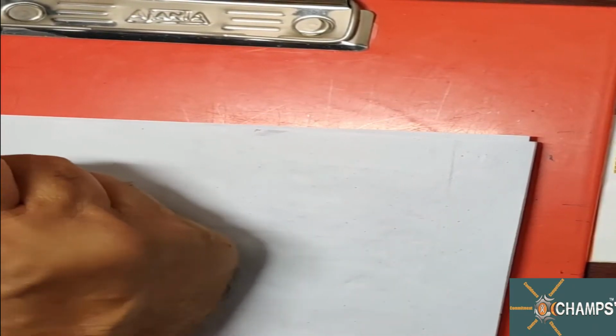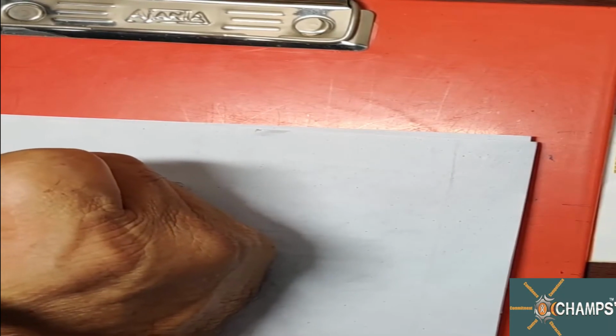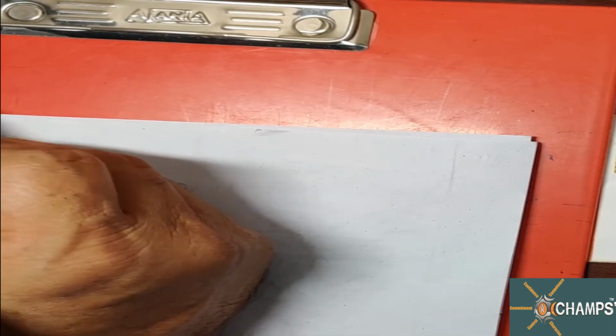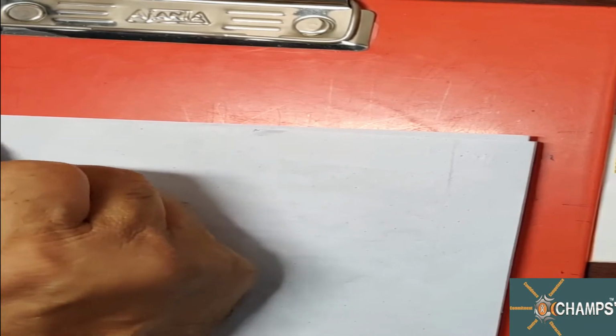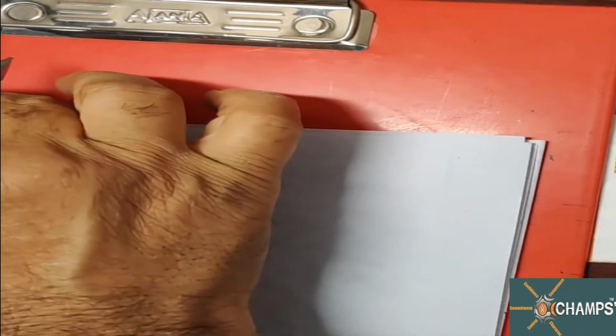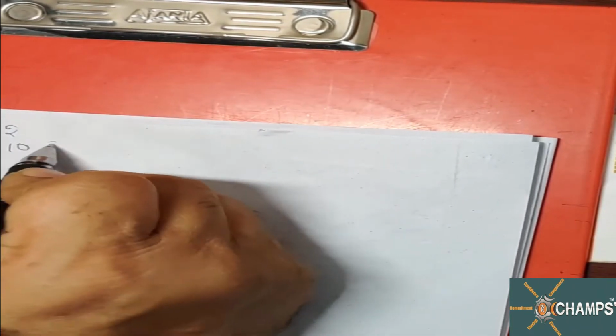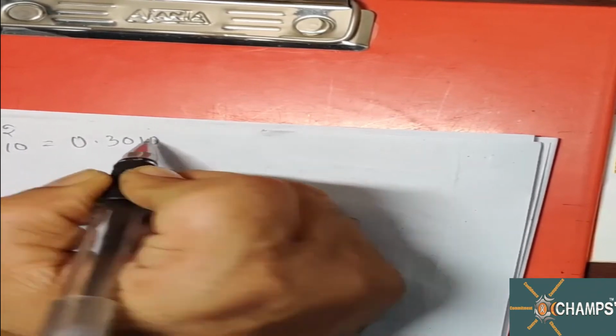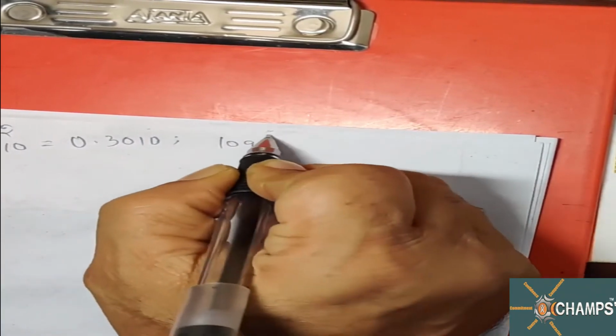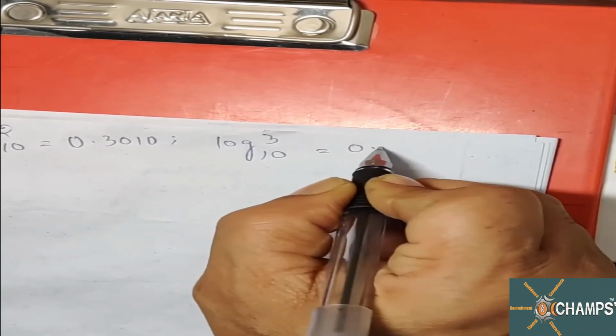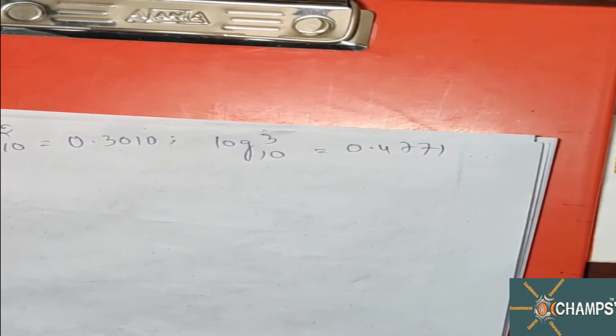Let us see the next question. Log 2 to the base 10 is equal to 0.3010. Log 3 to the base 10 is equal to 0.4771.